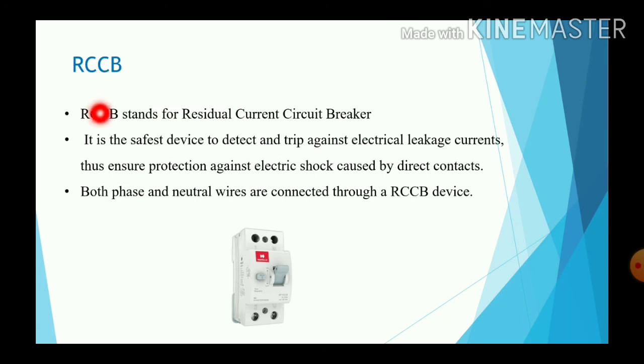RCCB. RCCB stands for Residual Current Circuit Breaker. It is the safest device to detect and trip against electrical leakage current and thus ensure protection against electrical shock caused by direct contact. Both phase and neutral wires are connected through the RCCB device.